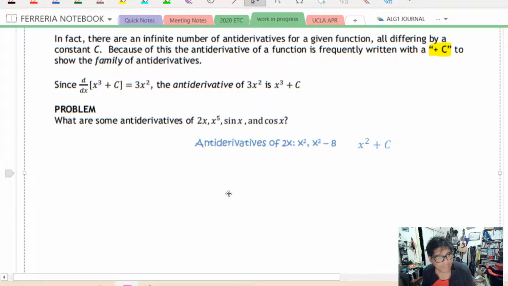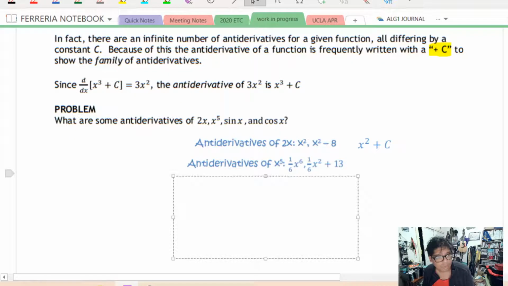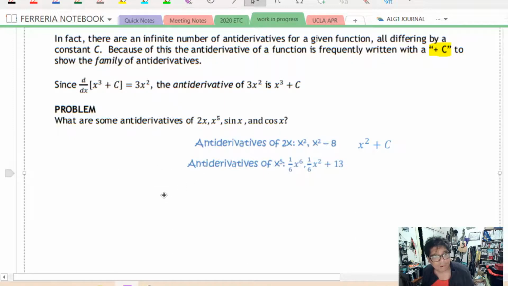What about for x to the 5th? What is the antiderivative of x to the 5th? Well, you could say it's 1/6 x to the 6th power. And you can kind of mentally see how that works. But you could also do 1/6 x to the 6th plus 13.